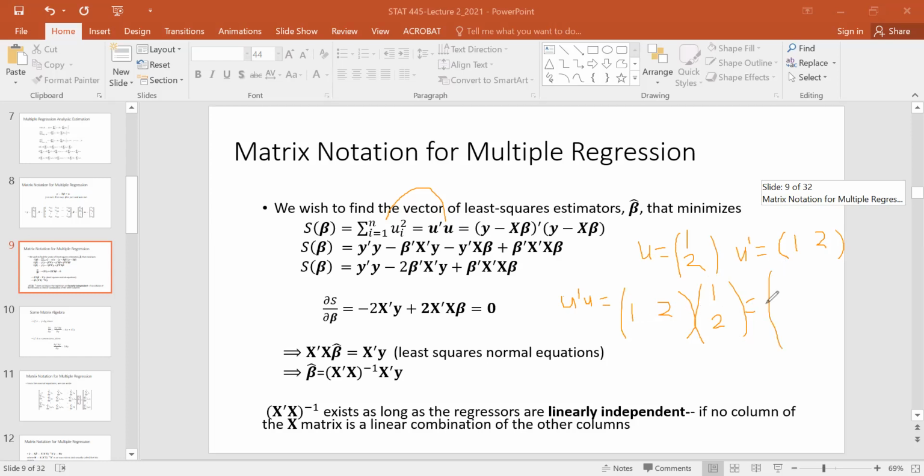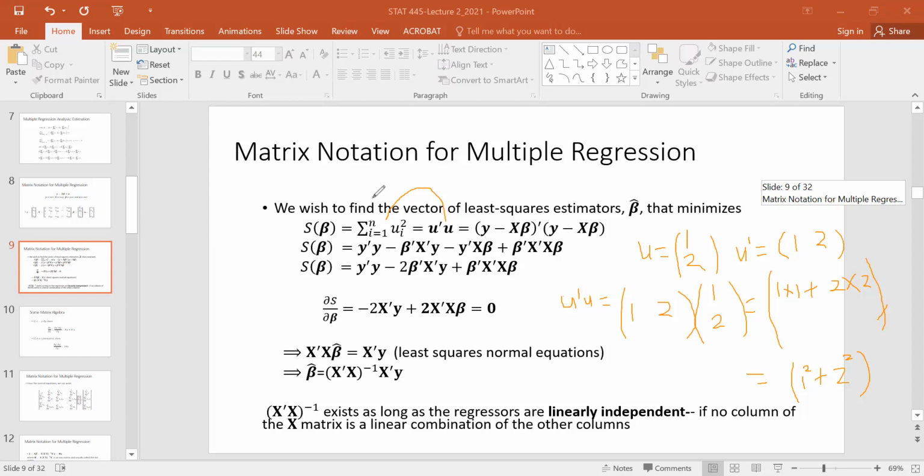You take this row, multiply this column, so it's going to be 1 times 1 plus 2 times 2, which is essentially what I want to show, right? 1 squared plus 2 squared. So you see there's 1 here, it becomes 1 squared. There's 2 here, it becomes 2 squared. That's it. So a vector transposed times itself, in the case where we have an n by 1 matrix, is just the sum of the squares of the terms, like 1 squared, 2 squared. So keep an eye on that.